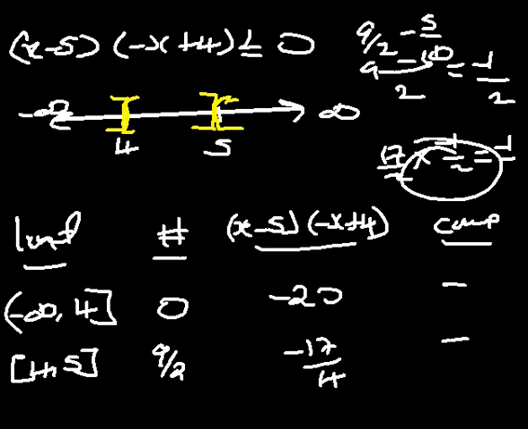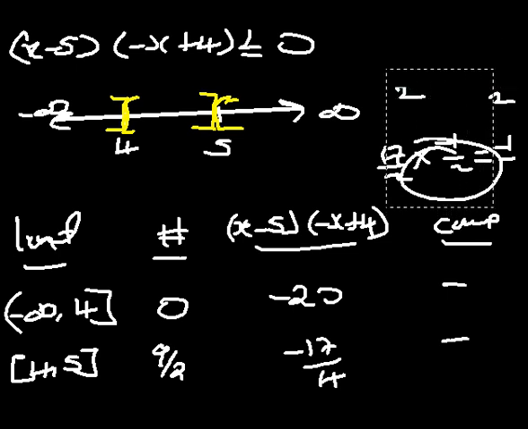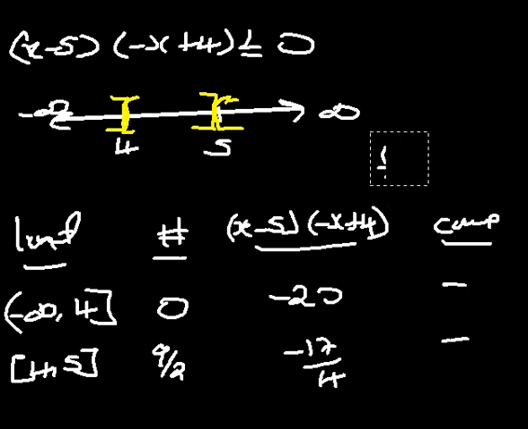Then we'll have the final interval, which is 5, positive infinity. That's what you have to understand about solving polynomial inequalities. So what's the typical testing number? 5 is also part of the interval.